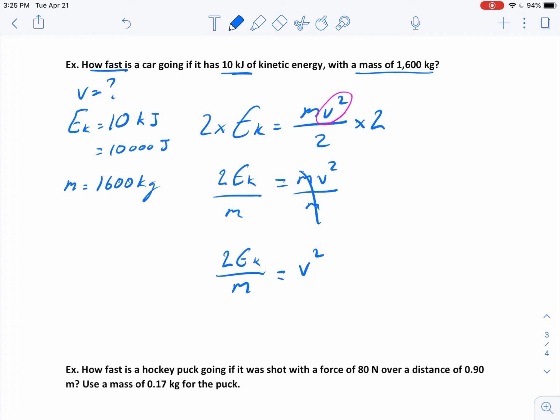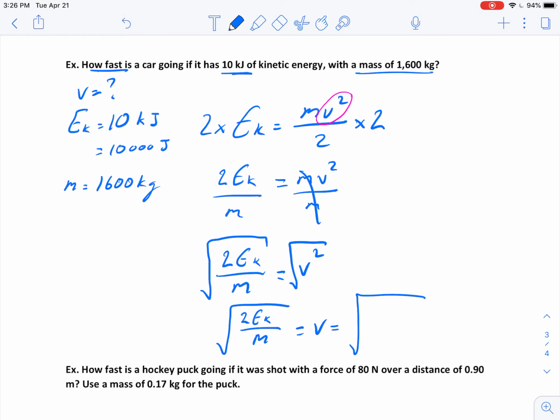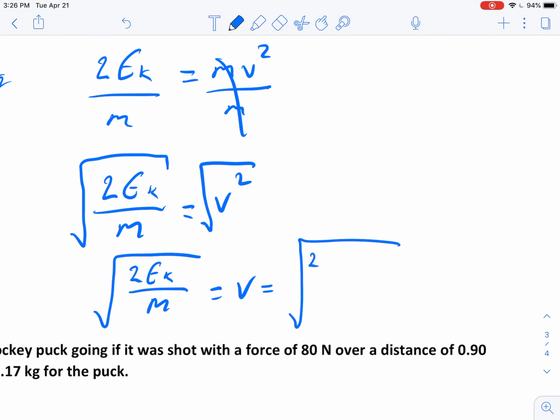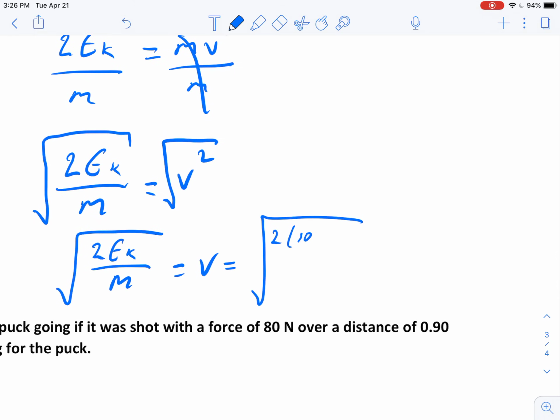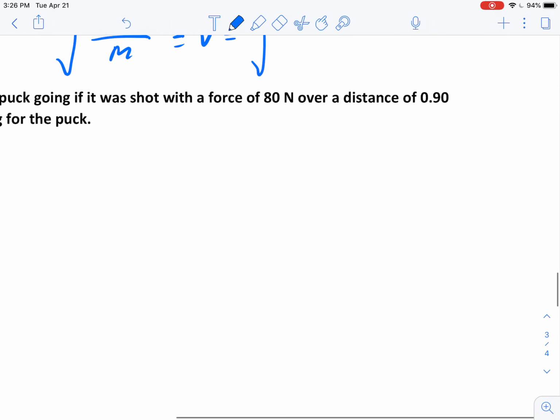Now in order to get the v squared gone, we need to take the square root. So we will take the square root of both sides, and you're left with the square root of 2 EK divided by m equals v, which would be 2 times our 10,000 joules divided by our mass of 1600.